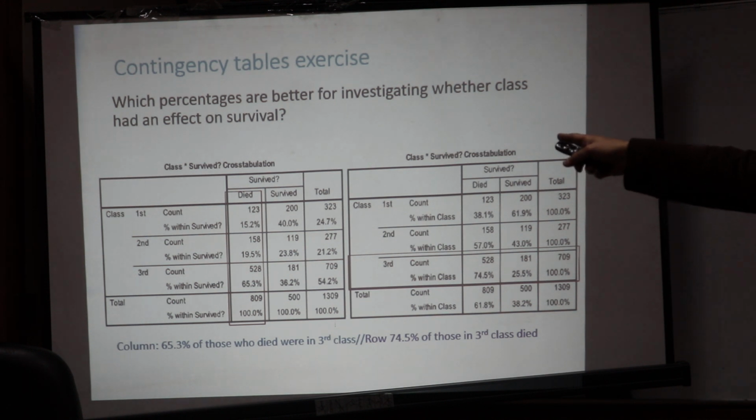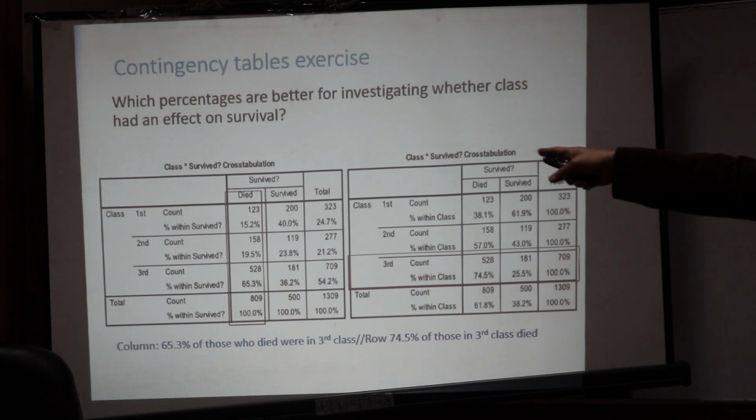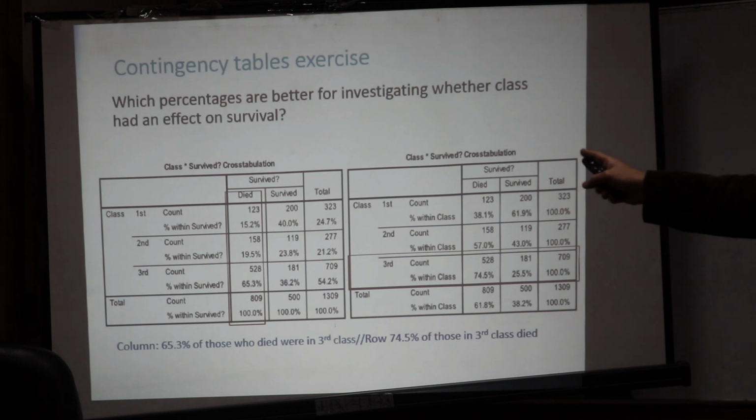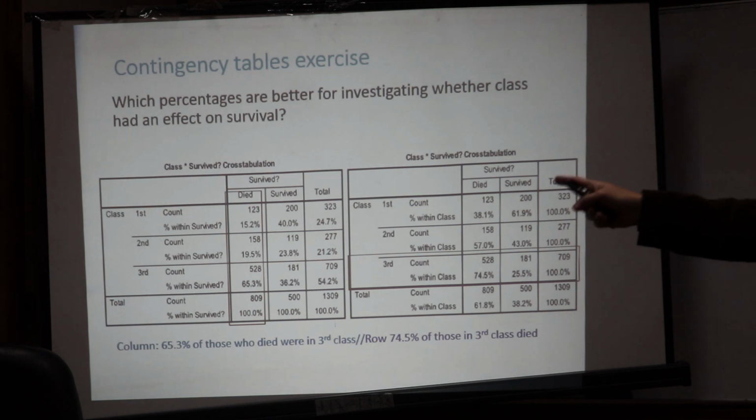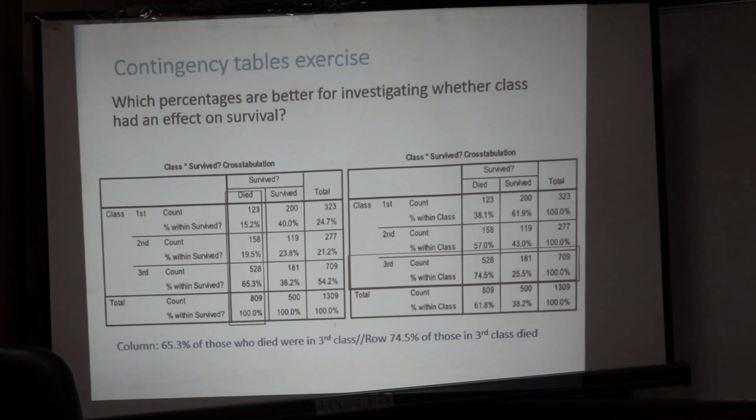For example, the percentage of people who died: for the first class, we have 15%. From the second class, we have 19.5%. From the third class, we have 65%. So the majority of people who died are from third class.